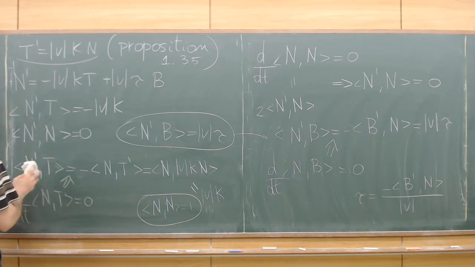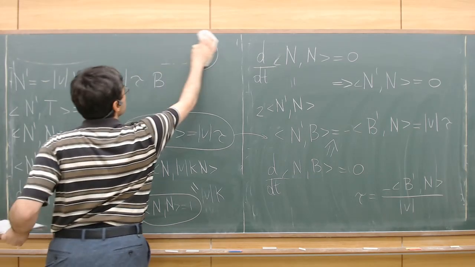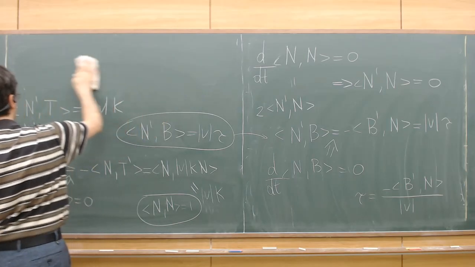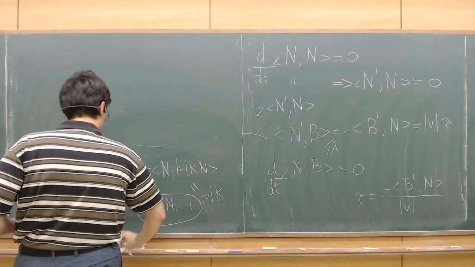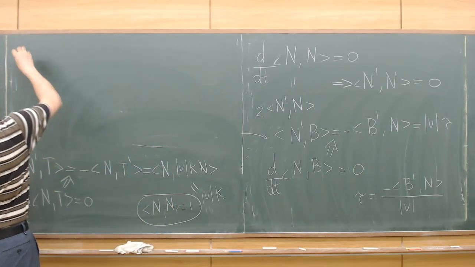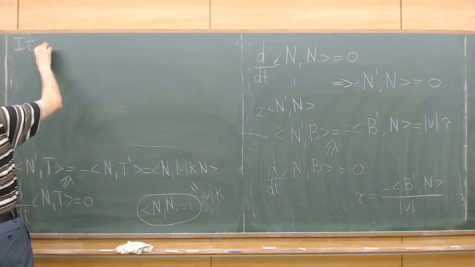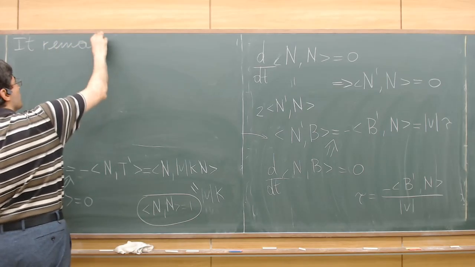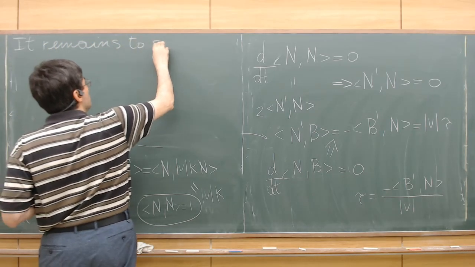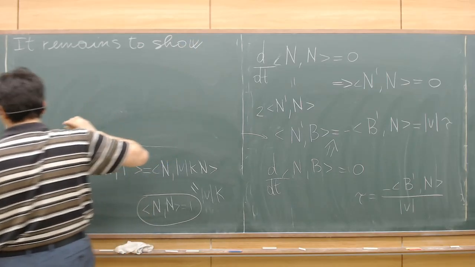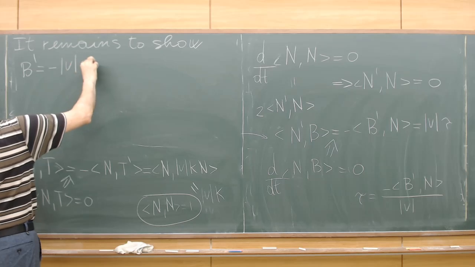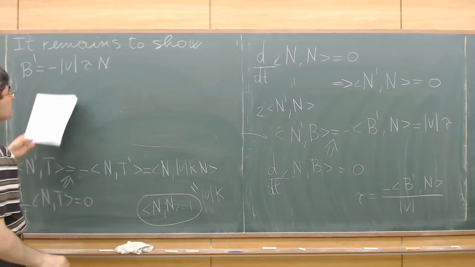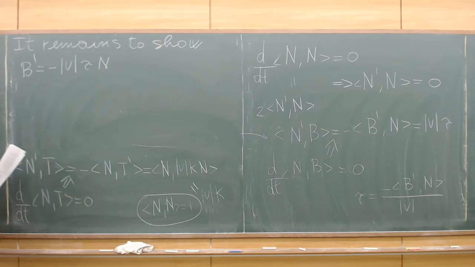And now it remains to prove that b prime is minus the length of v times tau n, but we already know why this is true.